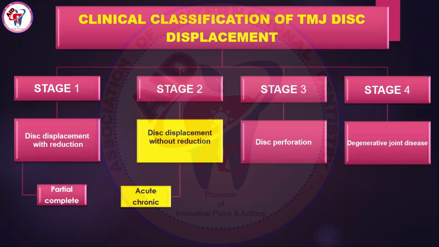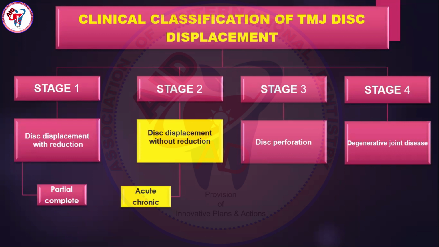What does that mean? That means the disc is not going to go back into place in the joint. The disc will not come back in the joint. This may be divided into acute or chronic. First, we discussed partial and complete.